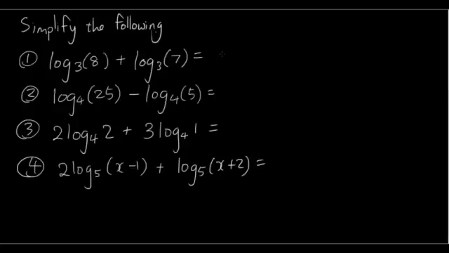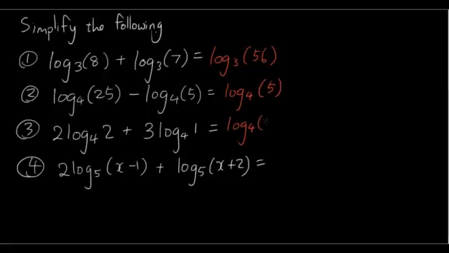Okay, so we got log base 3 of 8 plus log base 3 of 7. That's log base 3 of 8 times 7, which is 56. Log base 4 of 25 divided by 5 is 5. Now we have log base 4 of 2 to the power of 2, which is 4.